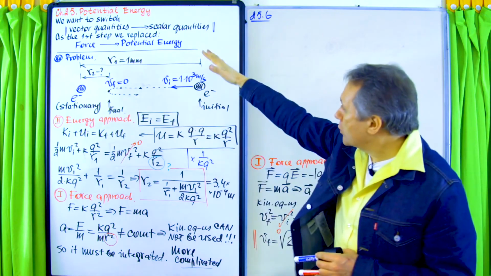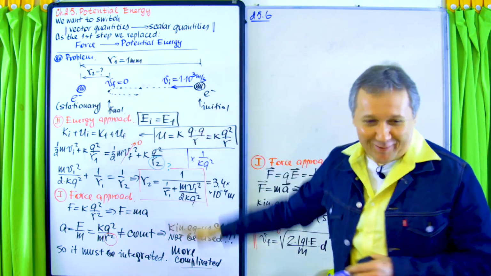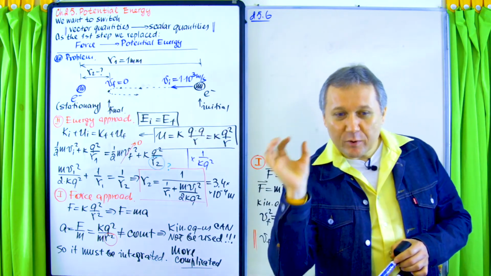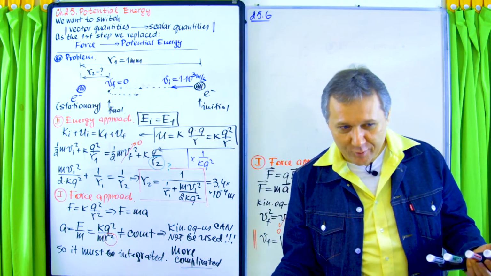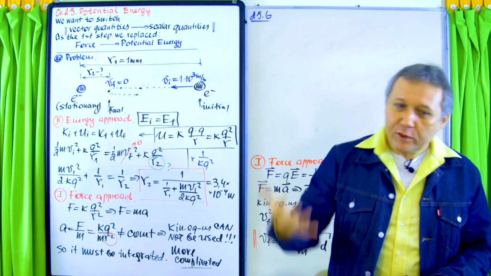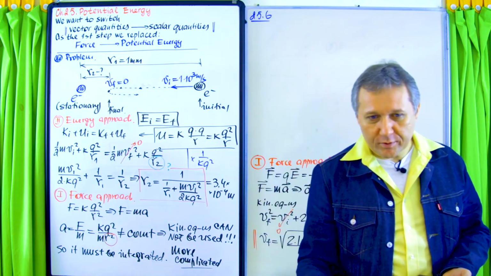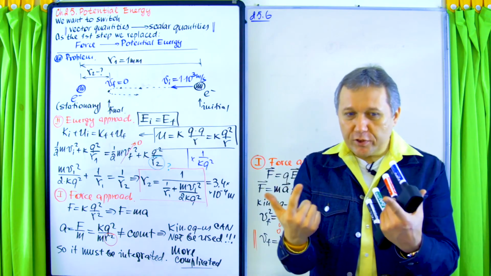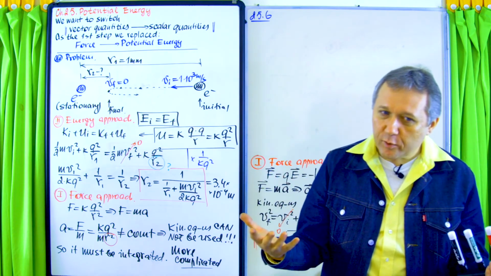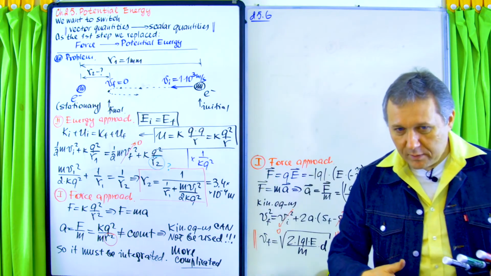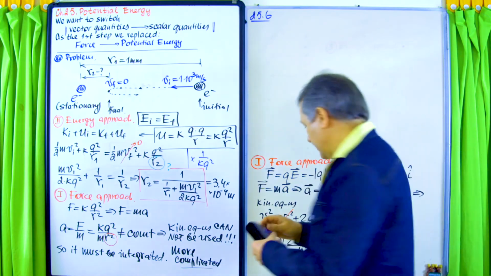So we introduced all those formulas which I erased, right, for a system of two objects, two charged objects. But what if we have more than two objects? What if instead of 2 point charges, we have 3 point charges? How can you calculate the total potential energy of the system?